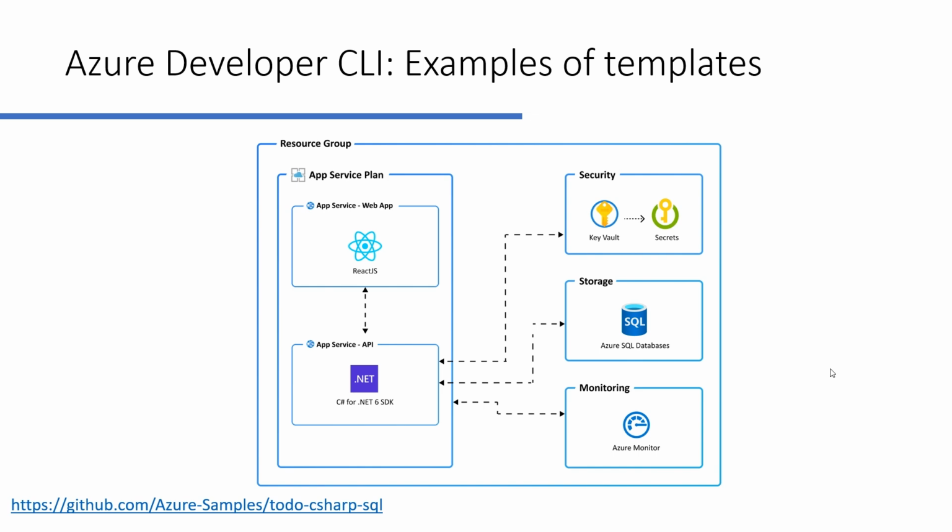Okay, so we have a three-tier application with an Azure SQL database as a data store. We have a web API written in .NET and a front end written in React. Okay, to perform security, we have a key vault that stores secrets like maybe the connection string, API keys, and so on. And we have Azure Monitor to perform monitoring of our application.